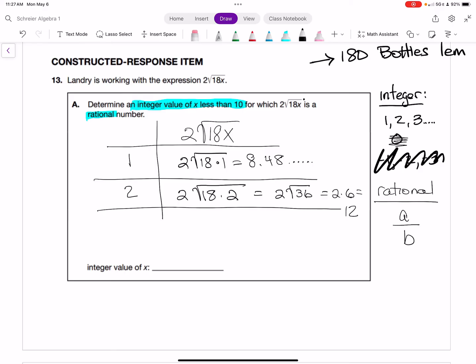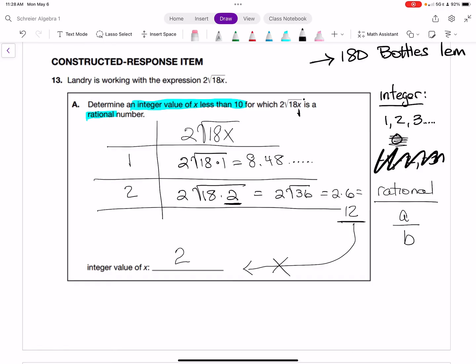So 12 is a rational number. It stops. It can be written as a fraction as 12 over 1. So that's the answer. Now, if you're not careful, you're going to write this 12 on this line, but we're not going to do that. It says, what's the integer value of x? So what did we multiply by? We multiplied by this 2. So the answer is 2.